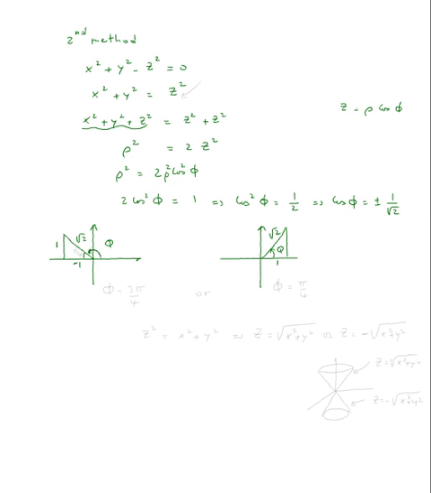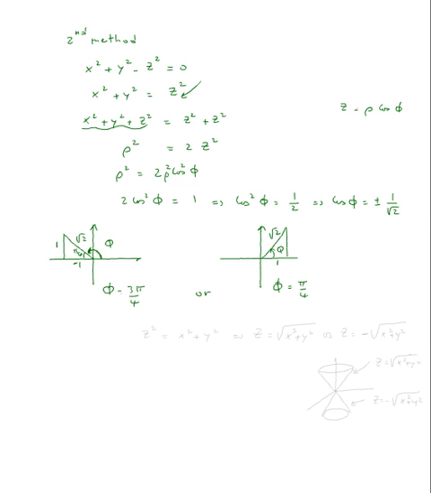So this angle by itself is pi over 4, but the phi goes from here to here. So phi again is equal to 3 pi over 4 here, or phi will be equal to pi over 4, right?